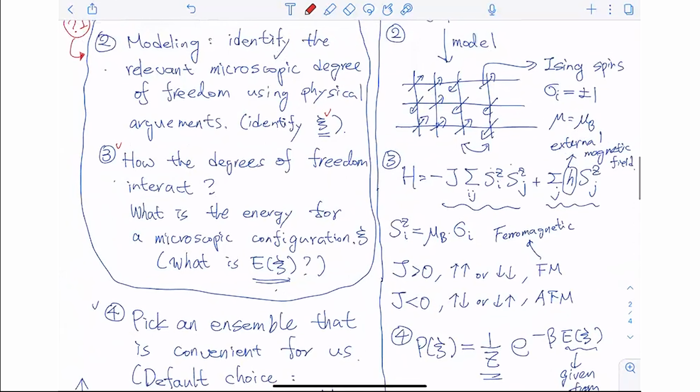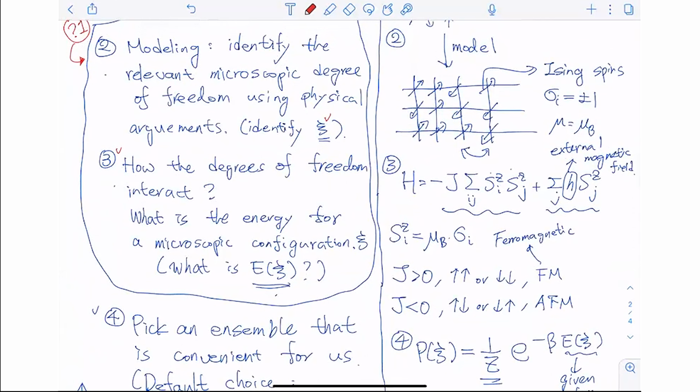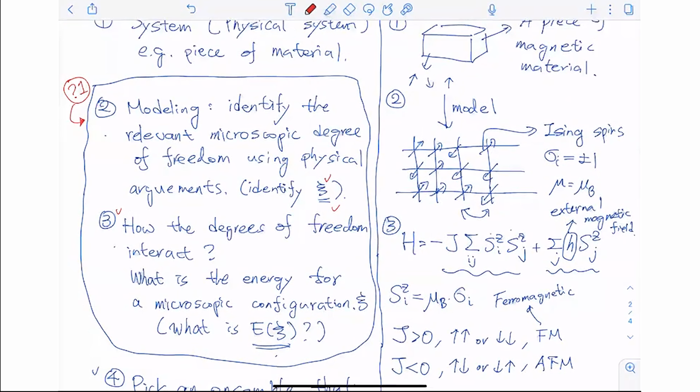So what do you do? What you can do is that maybe you can modify the potential microscopic configurations. For example, in this model, we only identify the magnetic degrees of freedom in our system, basically these little moments.